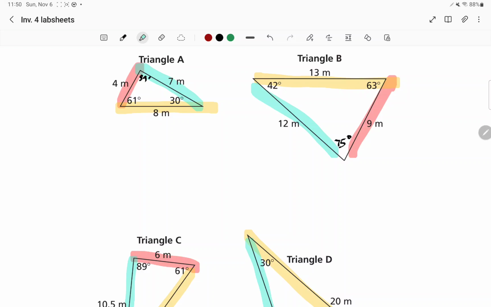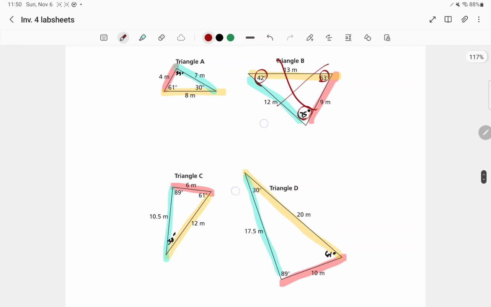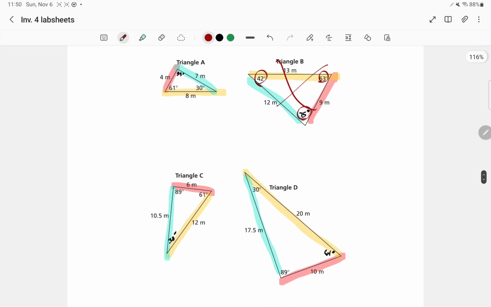Now, understanding that all angles in similar triangles need to be equal, one of these we can automatically throw out, and that would be triangle B. We can throw that out because look at the angles: 42, 75, 63, that's different than 61, 30, 89 for all of the other ones. So bye-bye triangle B.